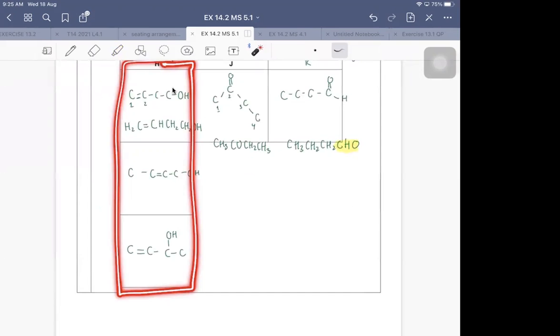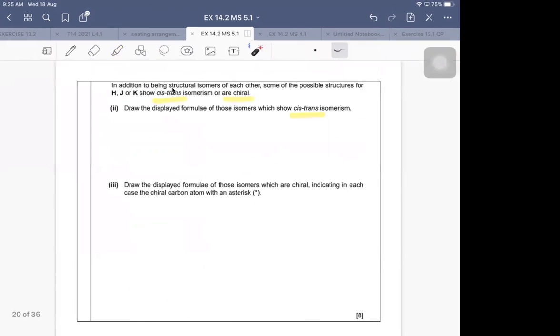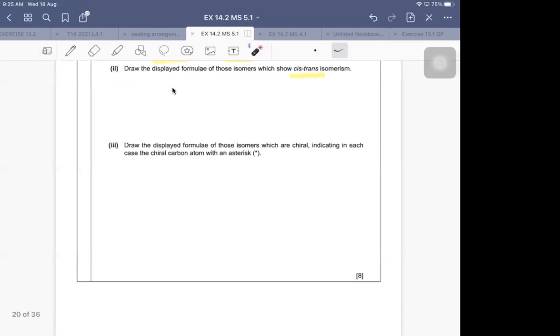Then draw the displayed formula of those isomers which are chiral, indicating in each case the chiral carbon atom.